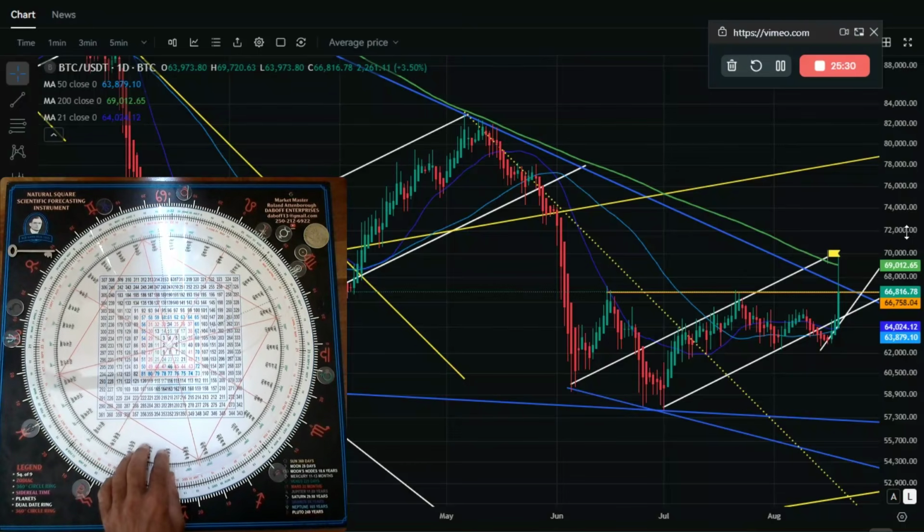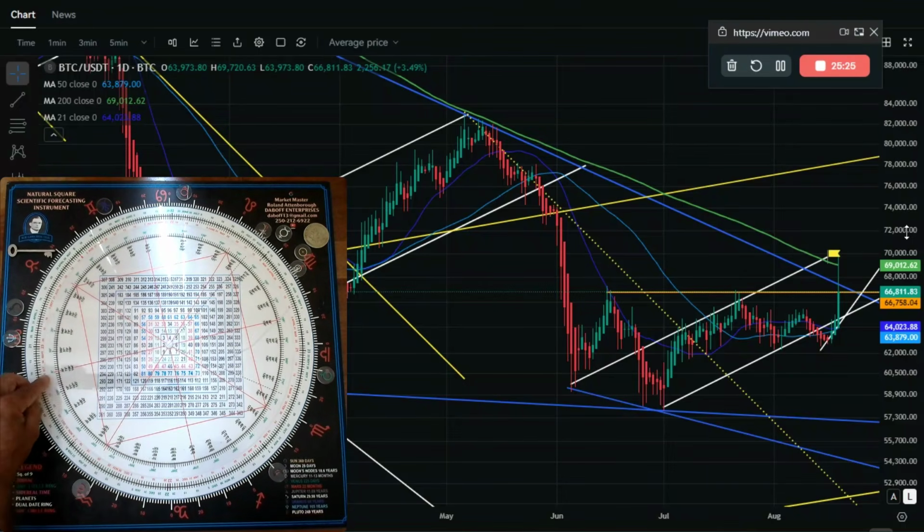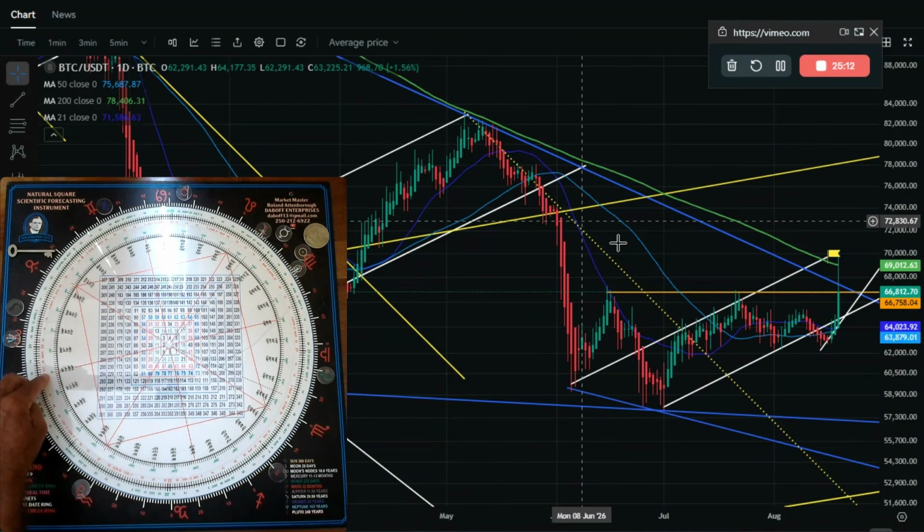So we'll swing this back to October 5th here. You can see that I put this flag here quite a while ago. You've seen these white lines of this channel on this chart for many months.